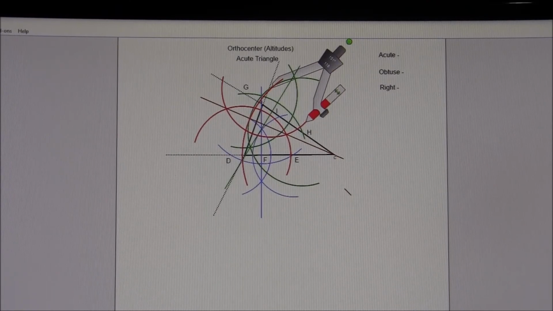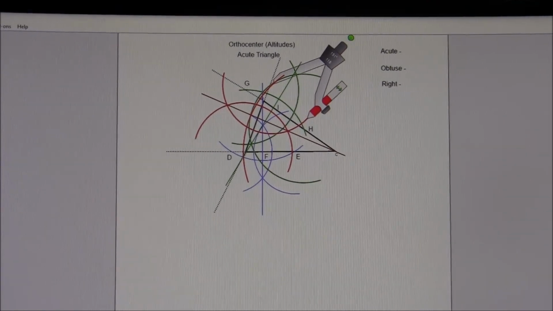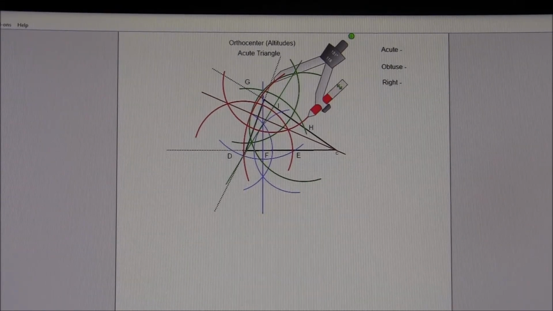Okay, so now, if we try to erase everything and focus on the three vertices and the lines that they draw, from here to here, from here to here, and from here to here, they meet right over here.